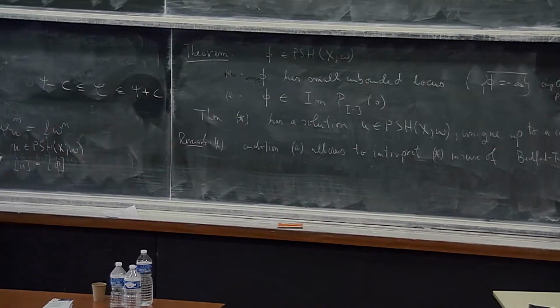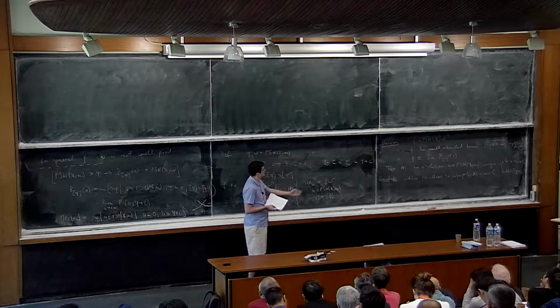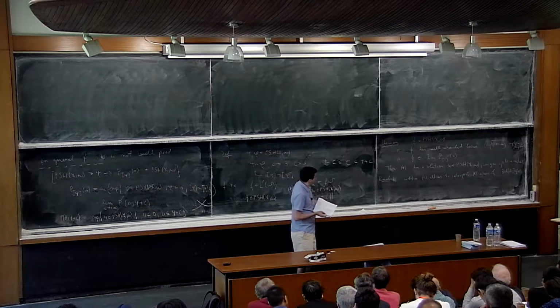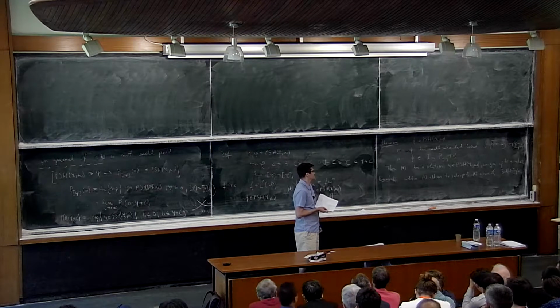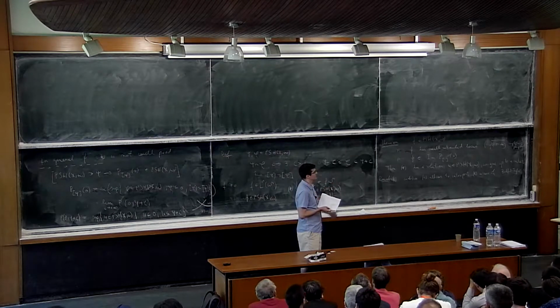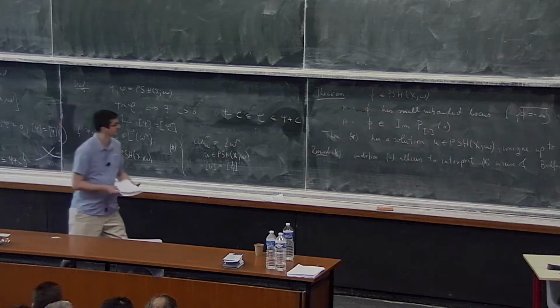It's hard to believe that, in terms of applications of this theorem, we will ever need singularity types phi that should be more general than having small unbounded locus. Truth to be said, we're looking into it as we speak, whether this condition can be generalized or not.